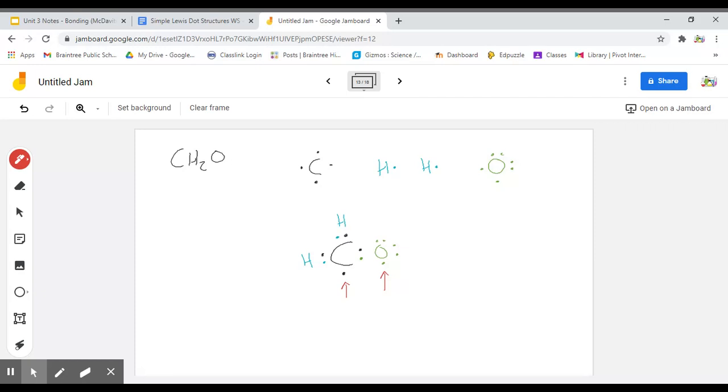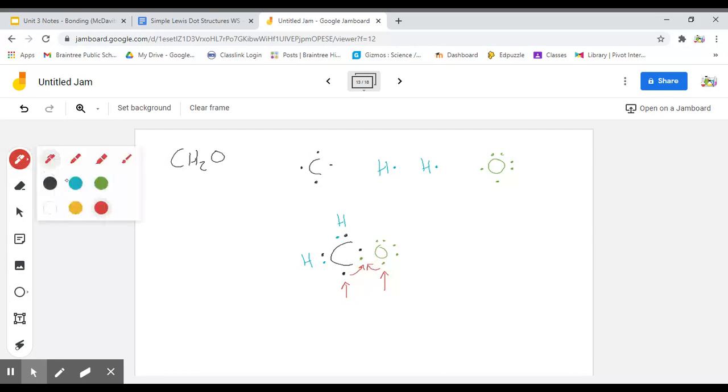So this is where we're going to need to form a double bond. What you're going to do is look to see where I still have those single electrons. I have one here on the carbon, and I have one here on the oxygen. So we're going to move each of those into the bond between them.